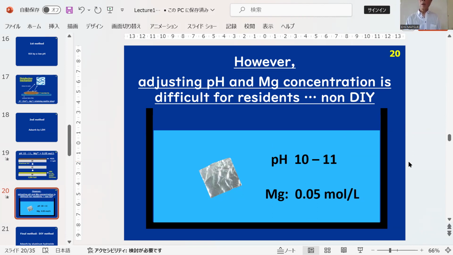But usual people may find it difficult to adjust pH or magnesium concentration. They will make mistakes. Then this method is non-DIY. My research was not complete.